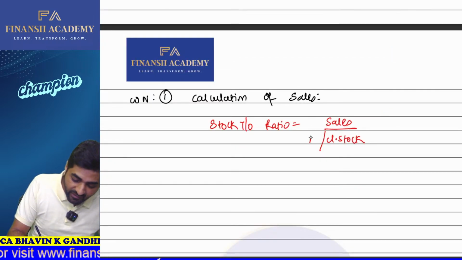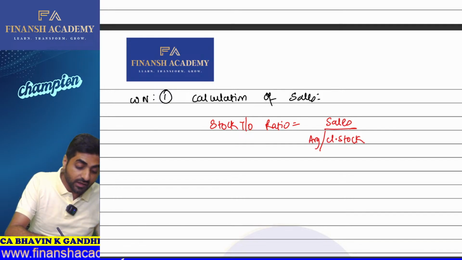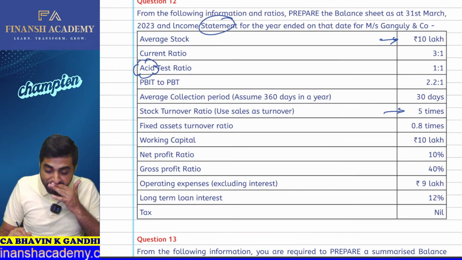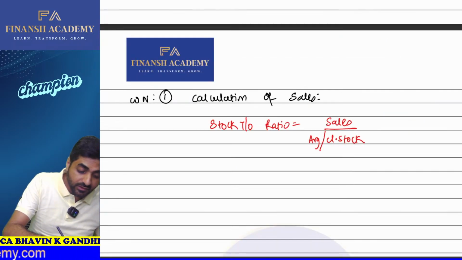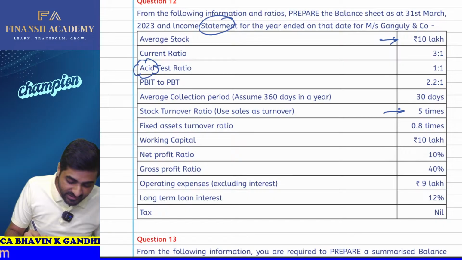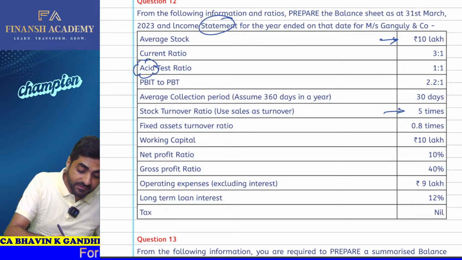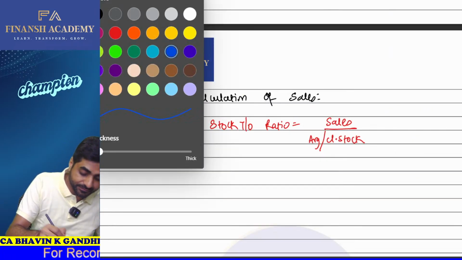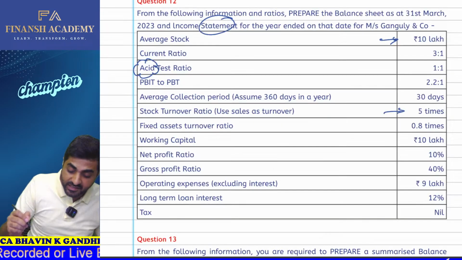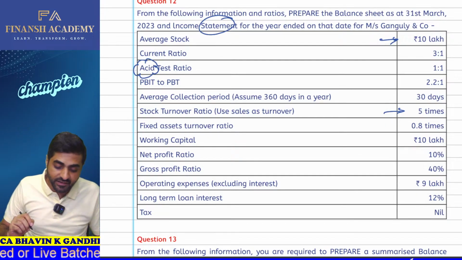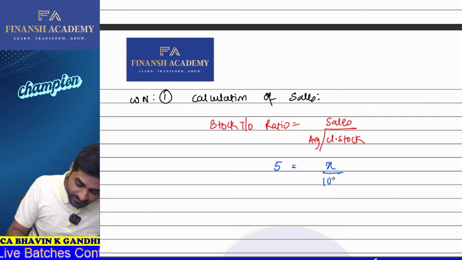So we will treat this average as same as closing. And how much is this ratio? This ratio which is given to you, that is nothing but stock turnover ratio, that is nothing but 5 times. So this is 5 times. Let the sales be X and the average stock appears to be 10 lakhs.